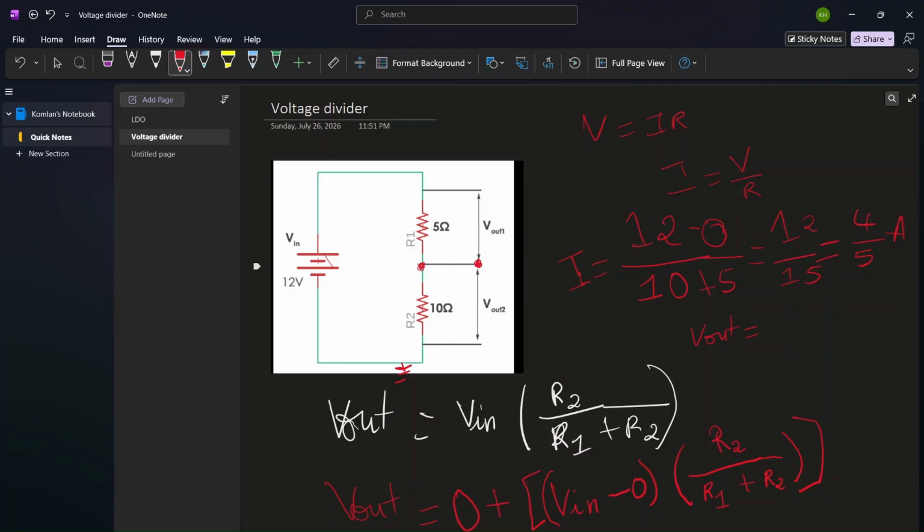And we know V equals I times R. We know I, our current is 4 over 5, and we know our resistor, 10. So now VR equals what? 40 over 5 volt.